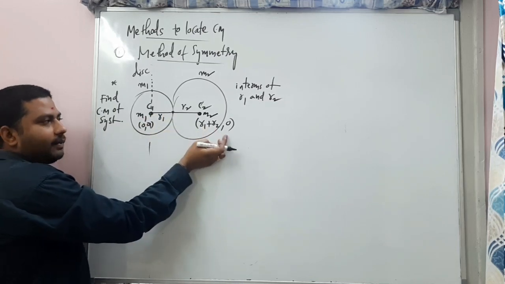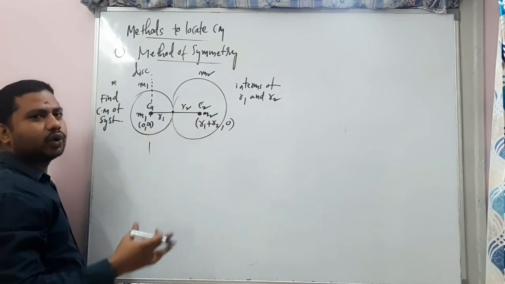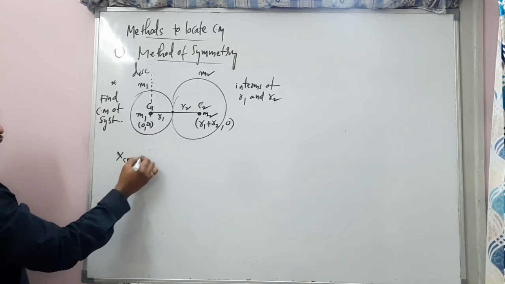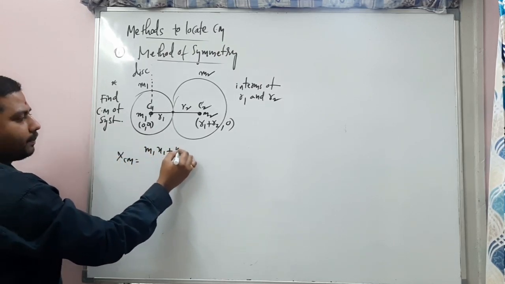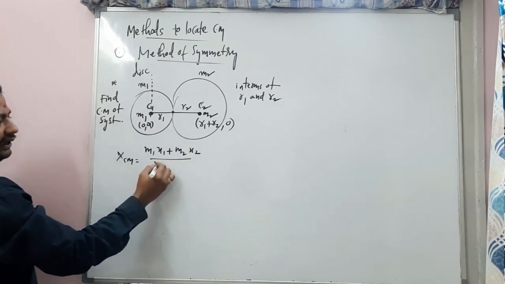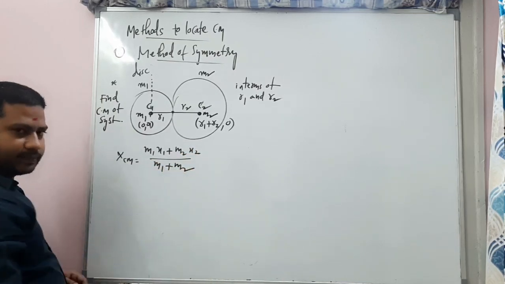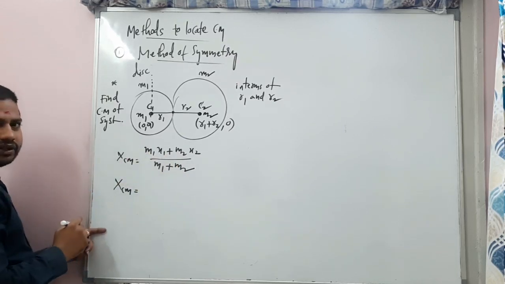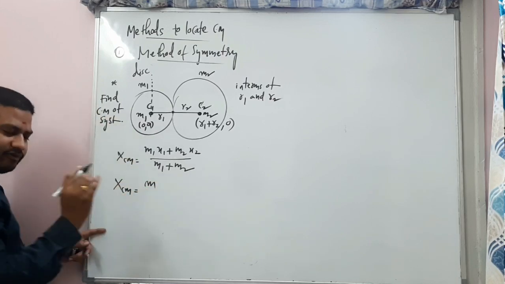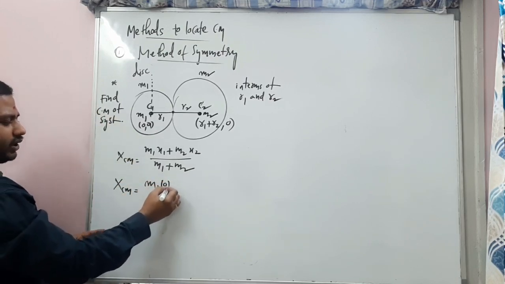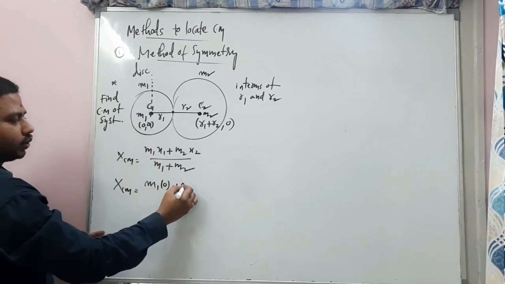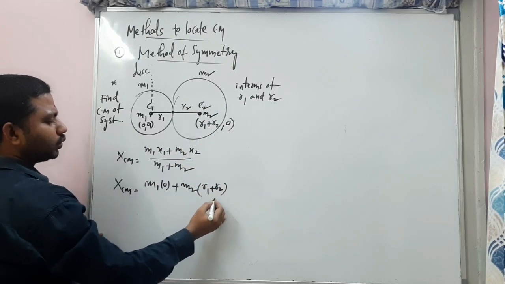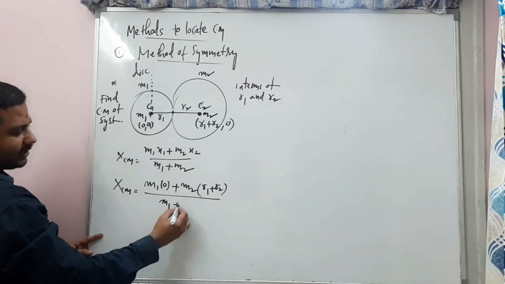Along the y-axis, M2 distance is 0. Okay. And the point is simple now. XCM is equal to M1 x1 plus M2 x2 divided by M1 plus M2, students. So XCM is equal to M1 times x1, where x1 is 0, plus M2 times x2, where x2 is R1 plus R2, divided by M1 plus M2.